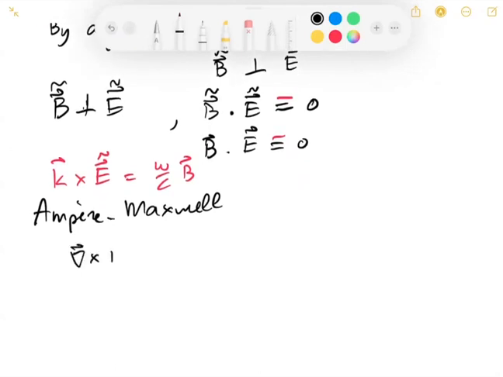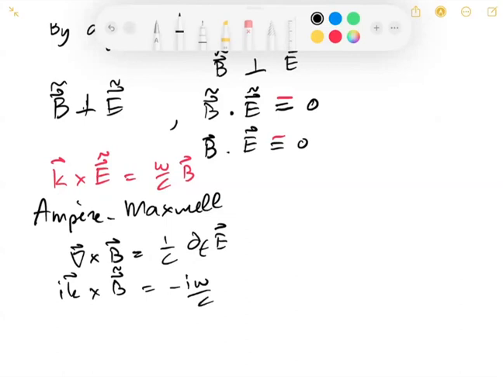Curl of B is 1 over c ∂t of E. So this becomes ik vector crossed with B Fourier transform, and this becomes minus iω over c E. And we can drop our i's. So we have a different equation: k crossed with B is minus ω over c E.